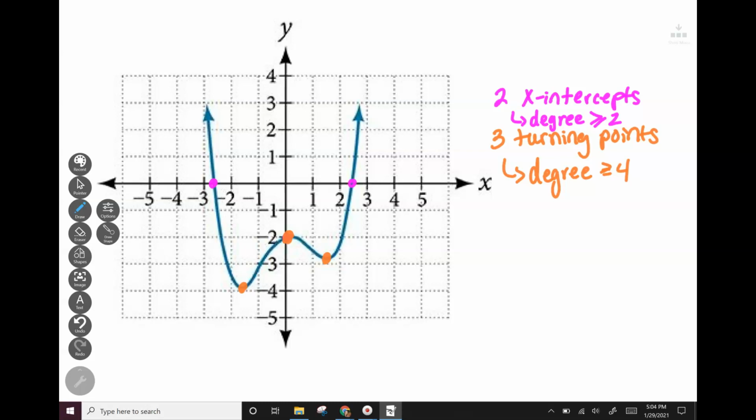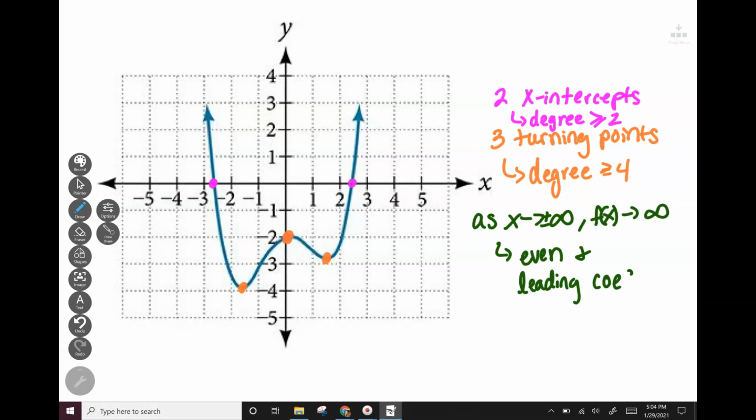Since both end behaviors are going up, as x approaches positive or negative infinity, f of x approaches positive infinity, this is telling me that this is an even polynomial and that the leading coefficient is positive.